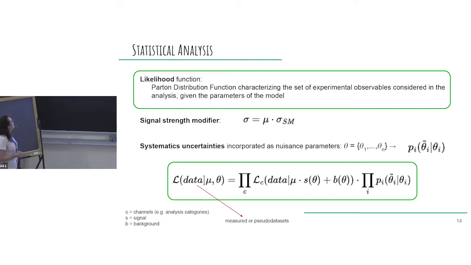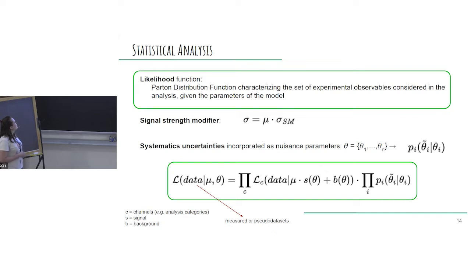Usually for LHC searches, especially for Higgs searches and measurements, what is done is that we define a signal strength modifier that multiplies the expected cross-section of the standard model, just to have a simple parameter that stays between 0 and 1, and then we can use this as a parameter of interest of our fit.